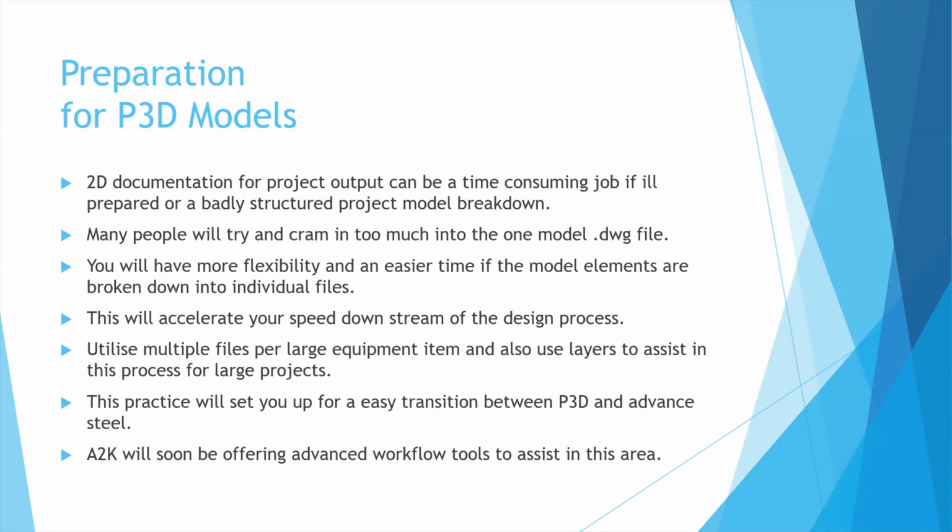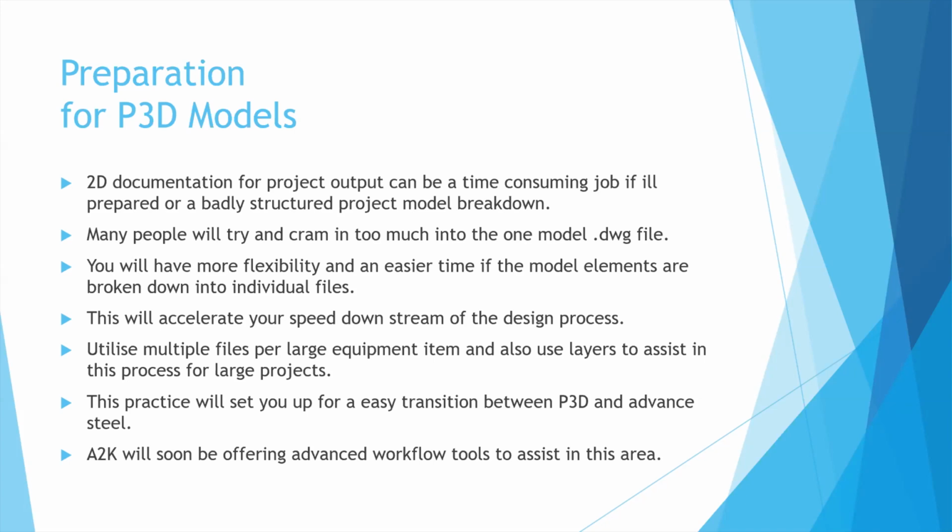Many people will try to cram too much into the one model file. That's okay if you're XREFing stuff in, but not if you're mixing the pipe, the handrails and the steel all together in the one drawing; you're going to suffer a little bit. So just think about that before we go to the Advanced Steel section.